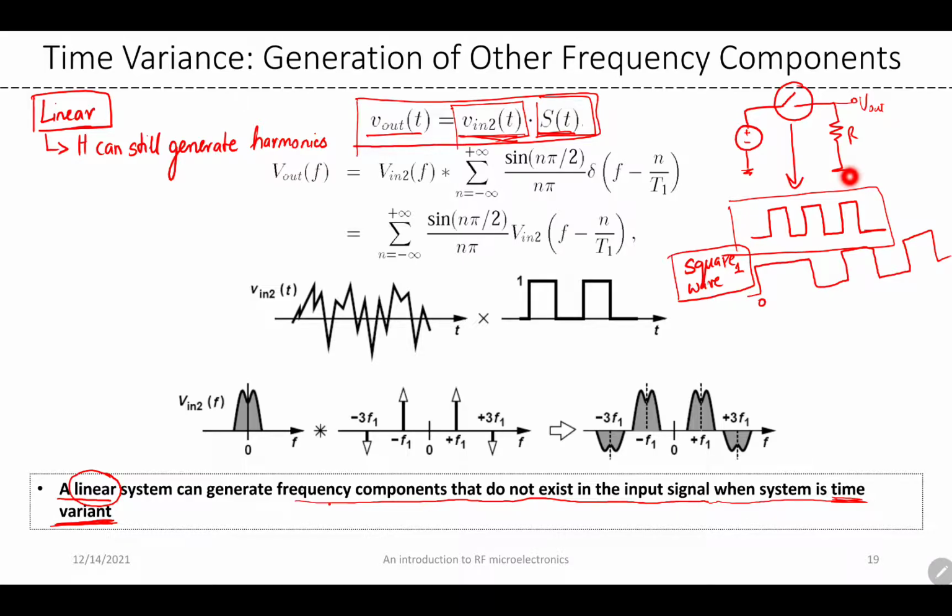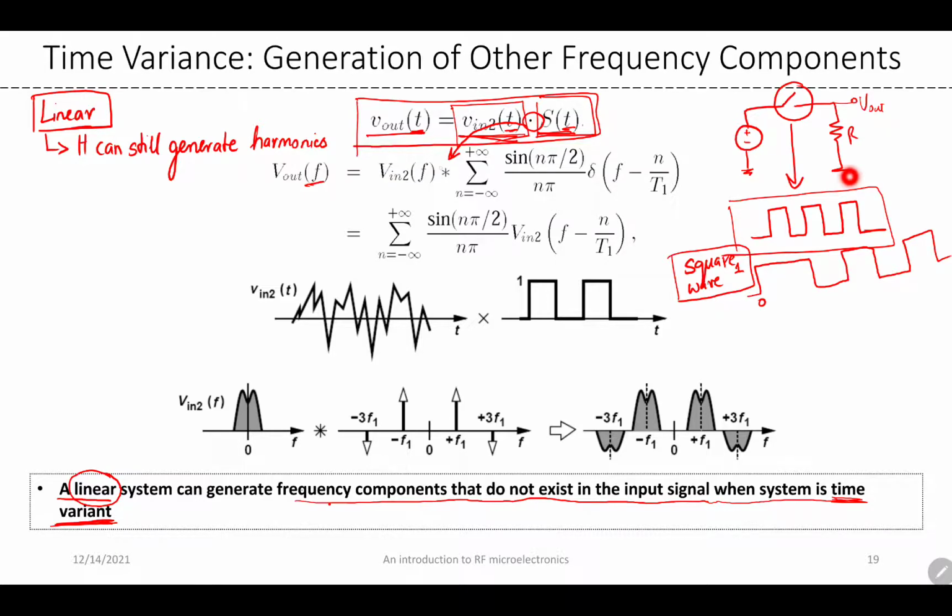Now, these square waves, we can always represent them with an infinite series of impulses. Again, we mentioned that we will need some background from signals and systems, and this is exactly the point where we need that. So if we switch from the time domain to the frequency domain, we know that products become convolutions.